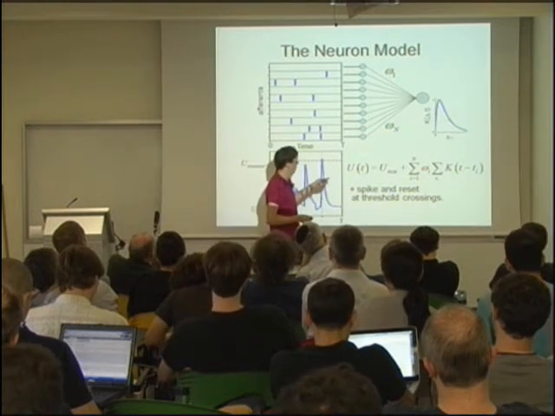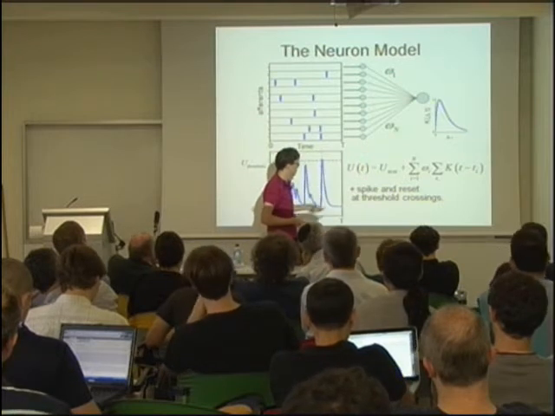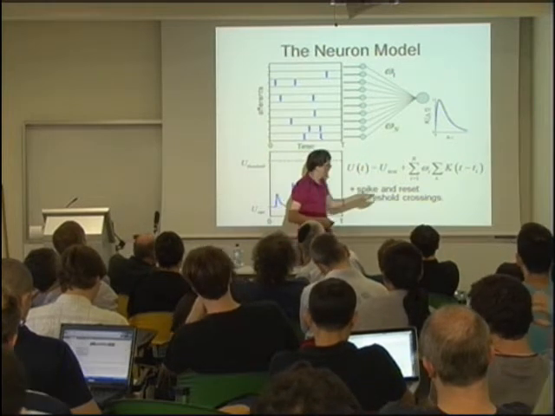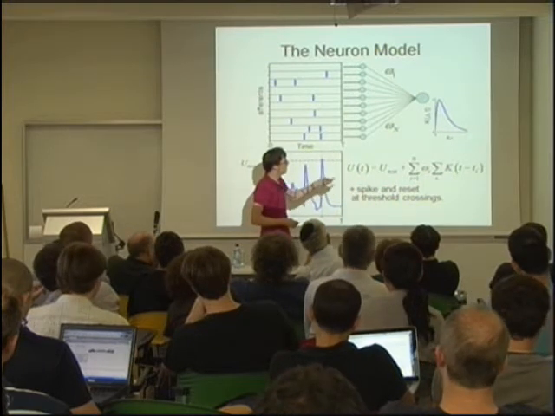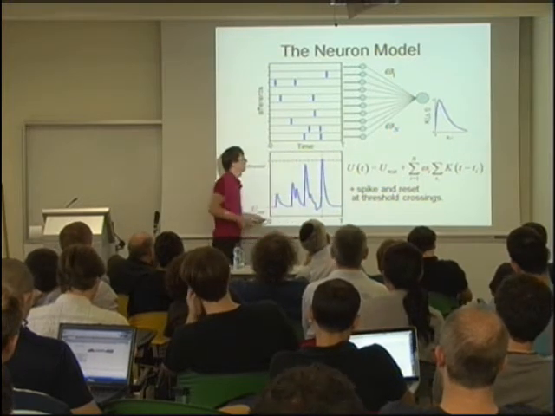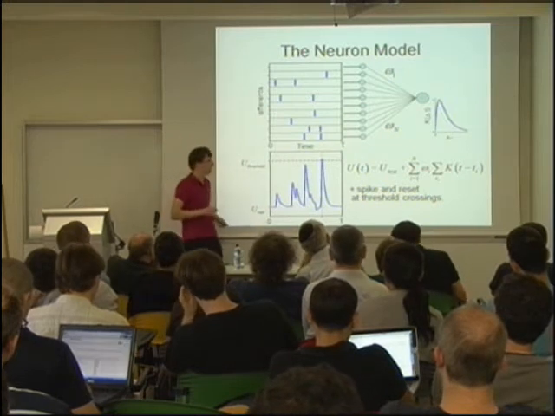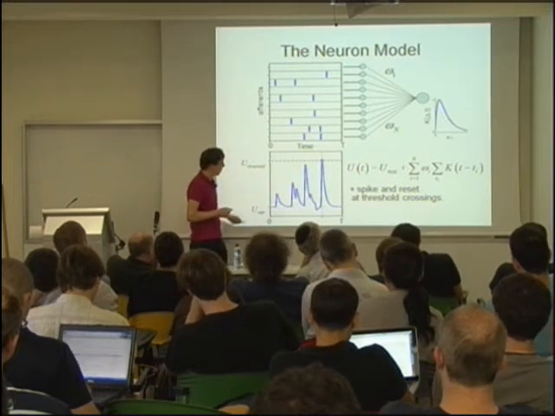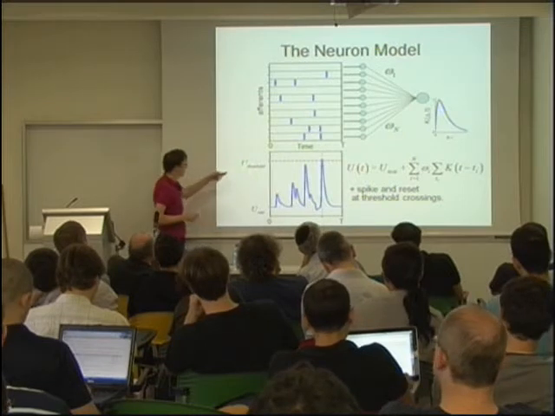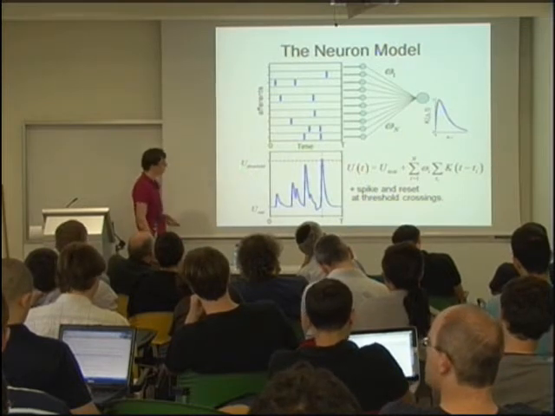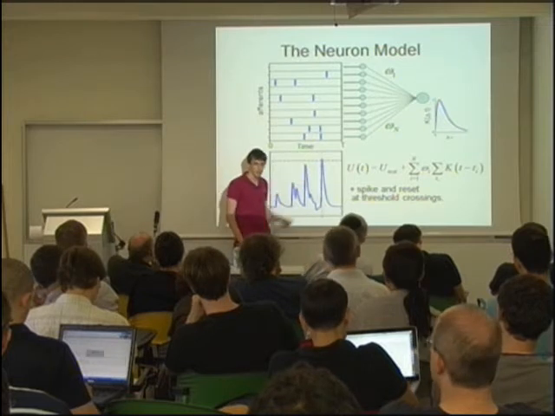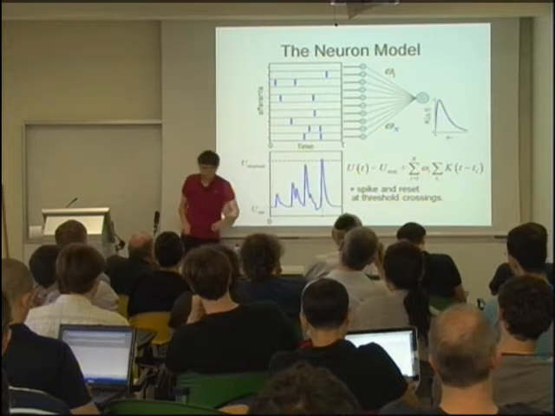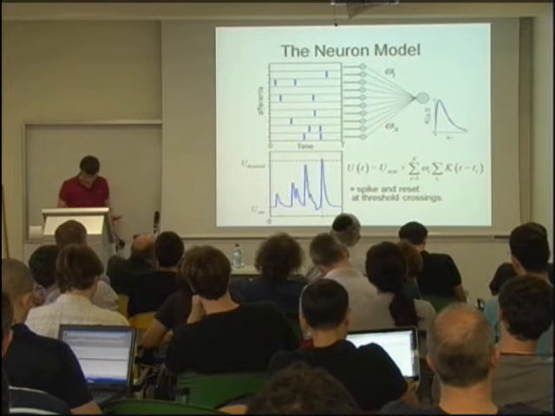The membrane potential of the neuron is some resting potential plus some weighted linear sum of these kernels, which represent the effect of each input spike on the membrane potential. And of course, the neuron has some threshold voltage. Whenever the voltage crosses the threshold, we have a spike and a reset. So it's a fairly standard model.